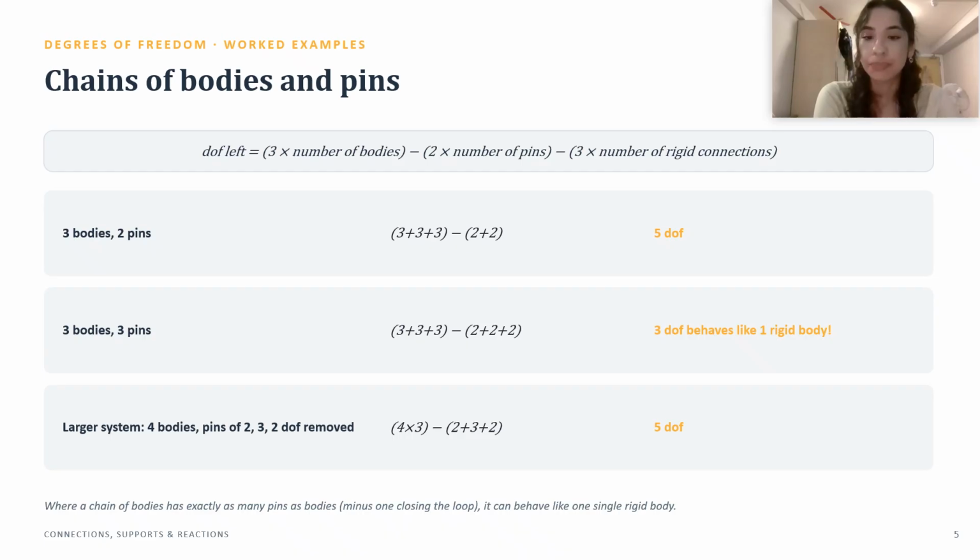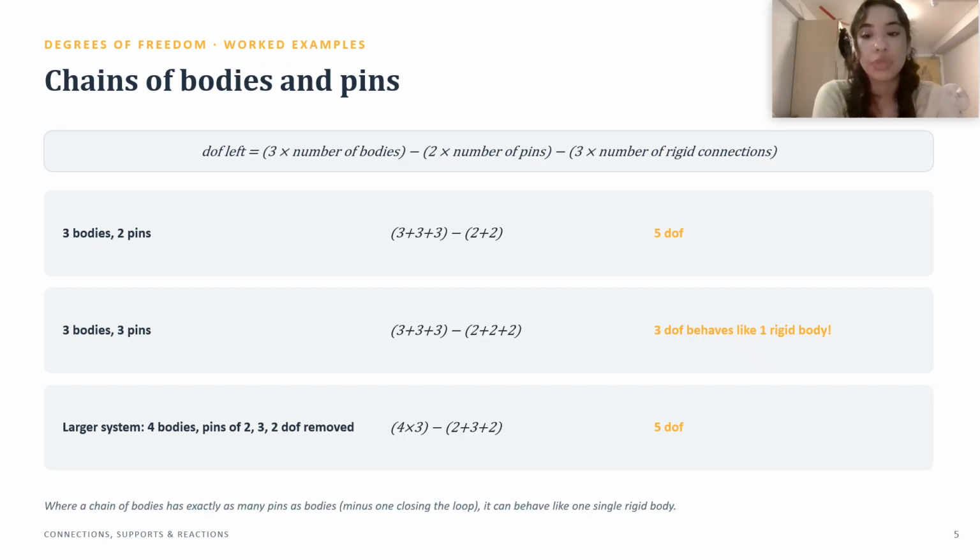Usually we just think of it in 2D. So if you have 3 bodies and 2 pins, what we will do is 3 times 3, because it's 3 bodies, minus 2 times 2, because it's 2 pins, and we end up with 9 minus 4, 5 degrees of freedom left.